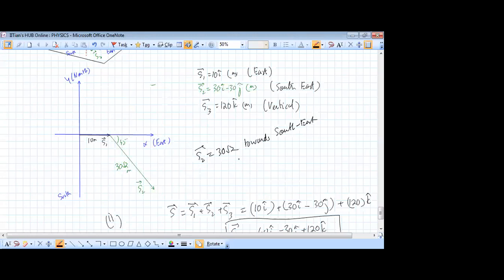Okay. So what will be the x component of S2? It will become 30 root 2 cos 45. So that will be 30. But what will be the y component of S2? Minus of 30 root 2 sin 45. This component, this will become minus. Is it clear now, friends?